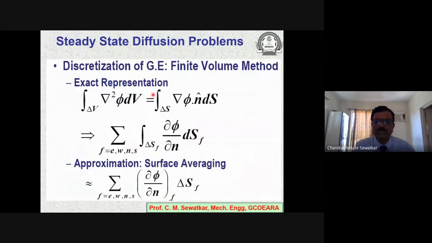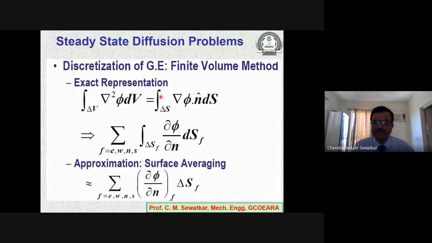So we can disintegrate this integral: integral over delta S_E of grad phi for the east face into dS_E, plus integral over delta S_W of grad phi_W into dS_W, plus this for the north face, plus for the south face.